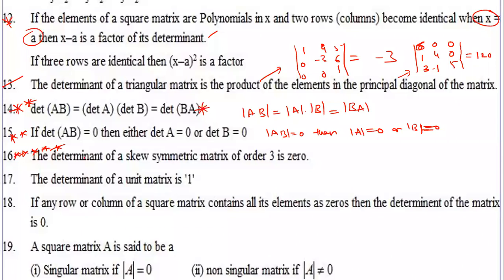16th point, very, very important. The determinant of a skew symmetric matrix of odd order is directly 0. Please add this point. Odd order applies to 3 by 3, 5 by 5, 7 by 7, anything, always 0.